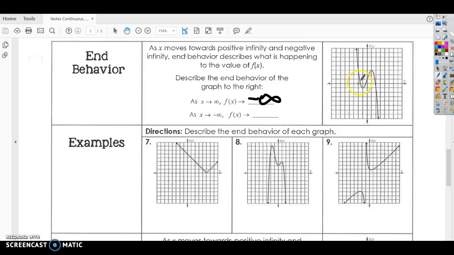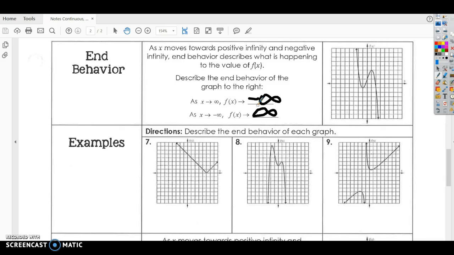And then we look at the other side. If I go left of 0, I'm going towards negative x's. Negative x's would continue and you go towards negative infinity. What's going to happen? When we look at our function, it goes up when it goes towards the left. So if it goes up, it's going towards the positive y's, which would be positive infinity.